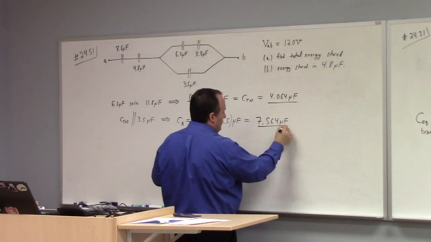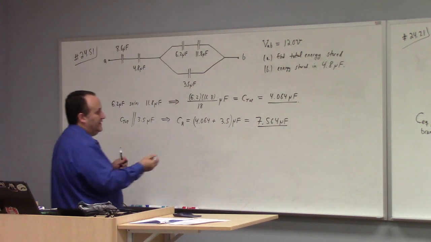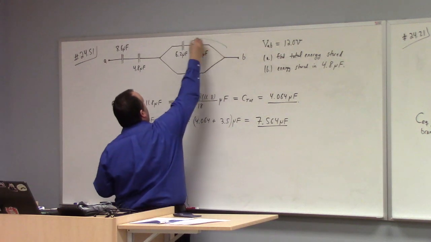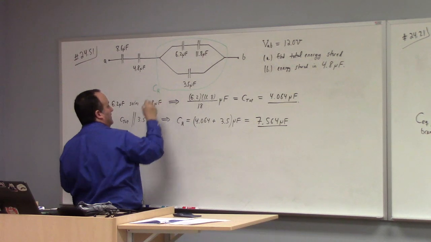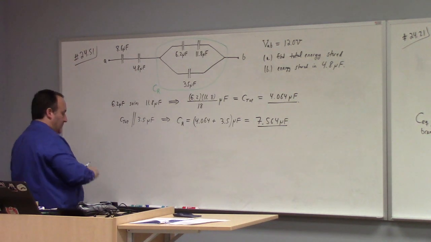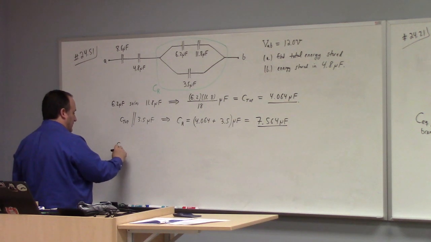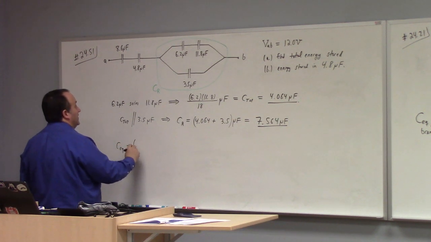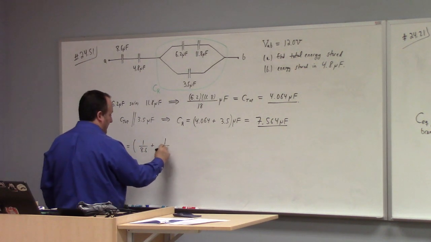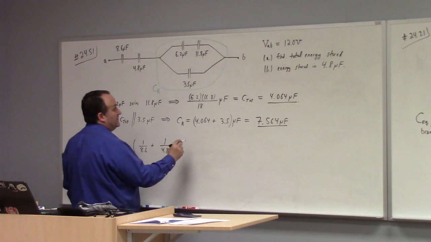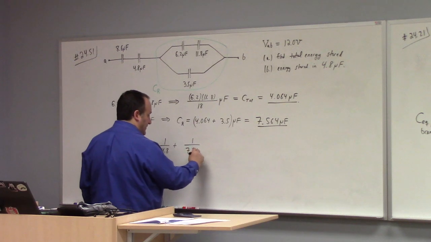microfarads. Let me illustrate pictorially what's going on here. All of this I'm calling CR. And then C equivalent is equal to 1 over 8.6 plus 1 over 4.8 plus 1 over CR, which is 7.564.